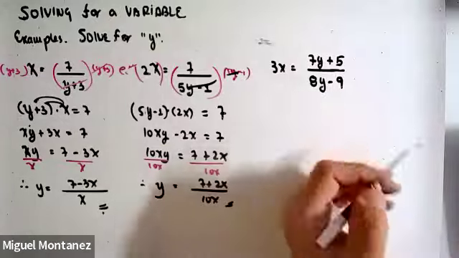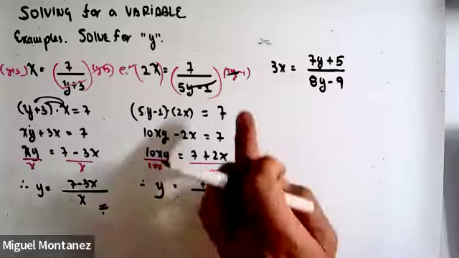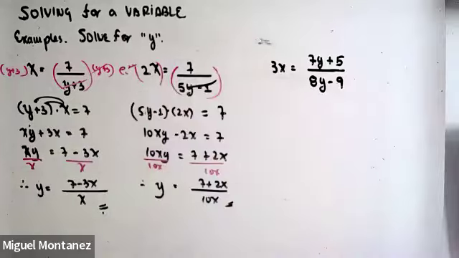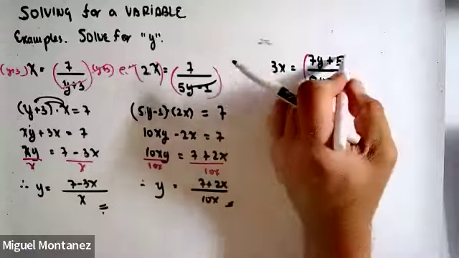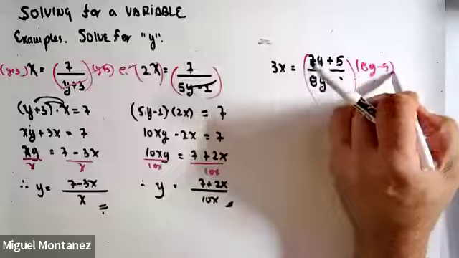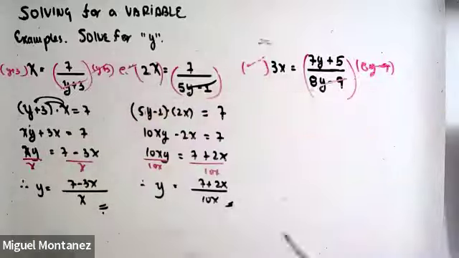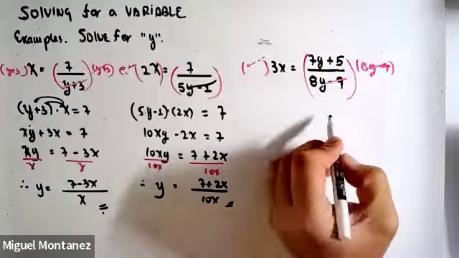Same old fractions, so let's go ahead and multiply by the LCD. Let me just erase this portion here. So the LCD here will be 8y minus 9, times 8y minus 9. So this over this eliminates, equals 1.